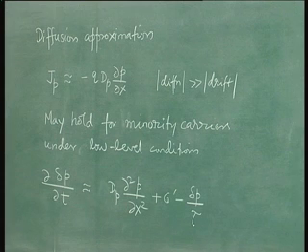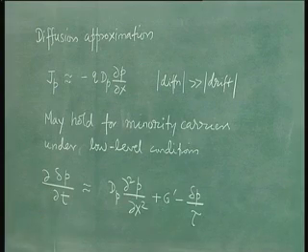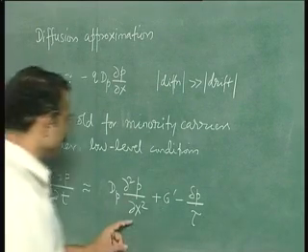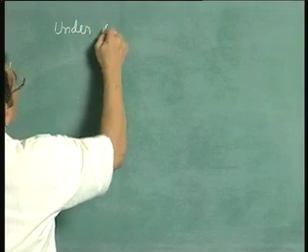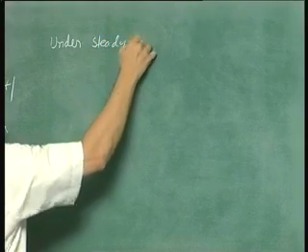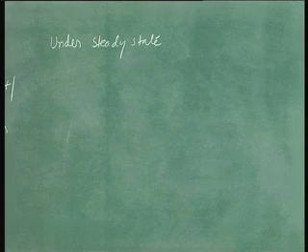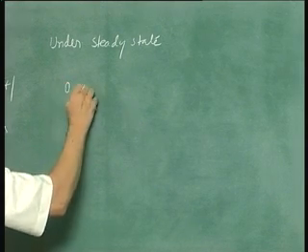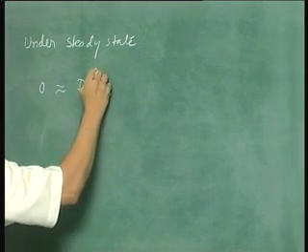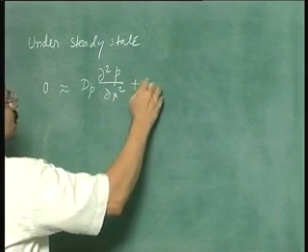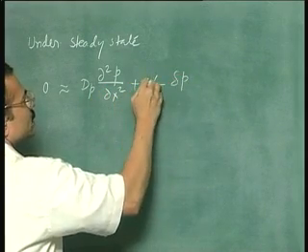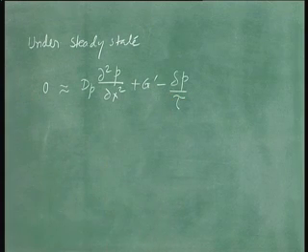Okay. Now further let us assume steady state condition, in which case this term will drop out. So under steady state this equation reduces to zero is dp dou square p by dou x square plus g dash minus delta p upon tau.